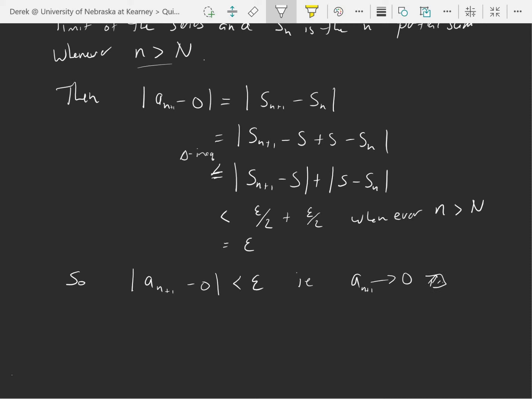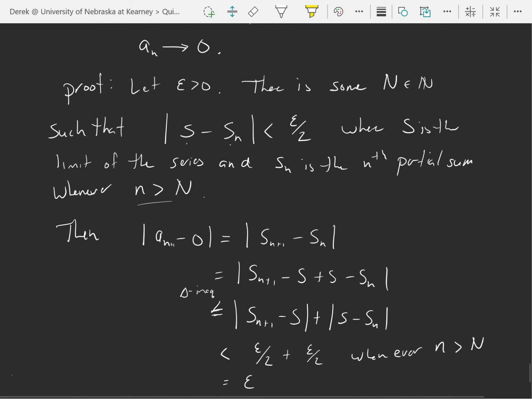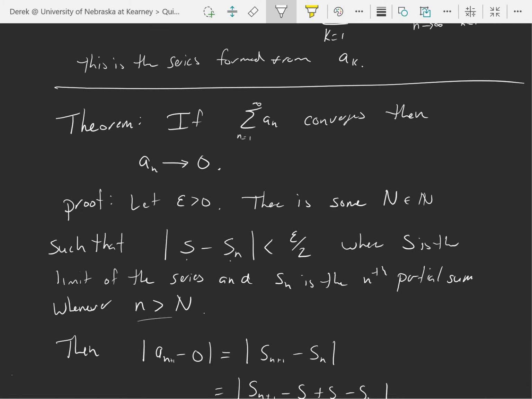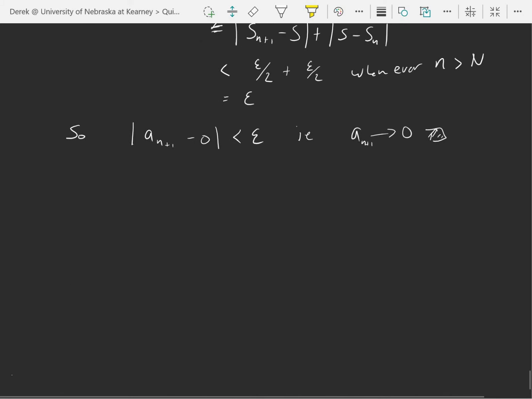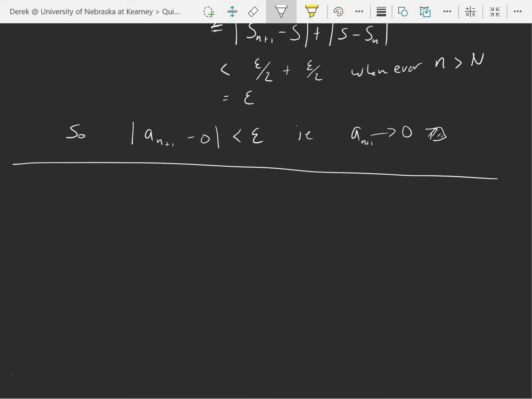Alright. The converse is not necessarily true, right? The converse of this statement says if the things that I'm adding up get really small, then the series converges. That's not true. We'll see some examples of that later. Let me actually show you an example of it right now. So say 1 over n is equal to a sub n.